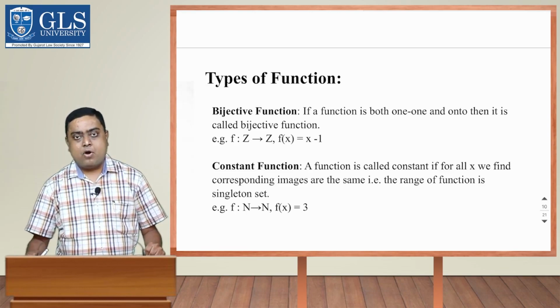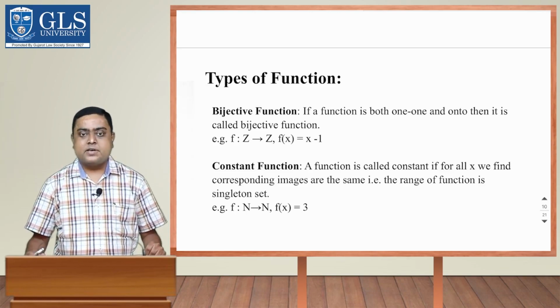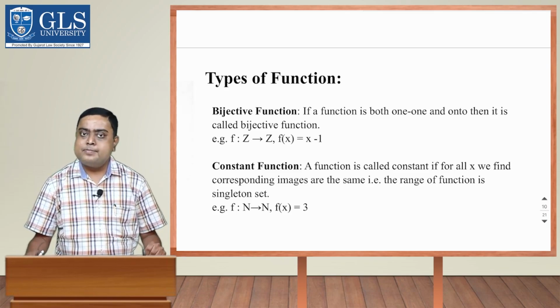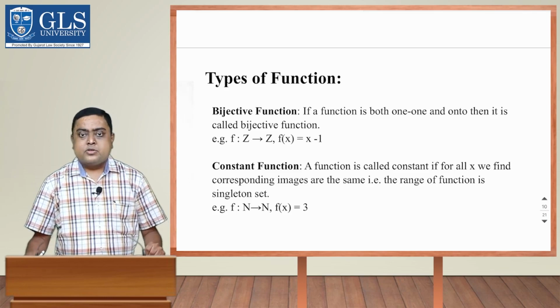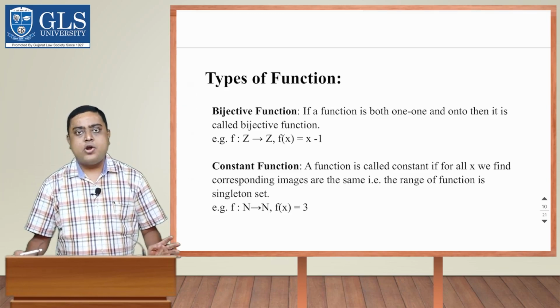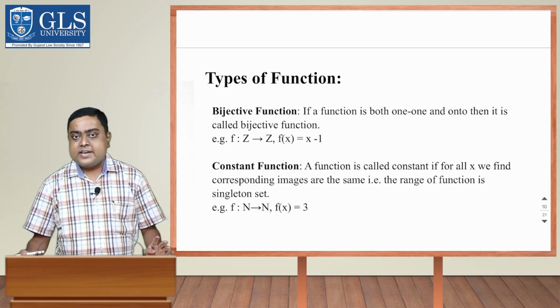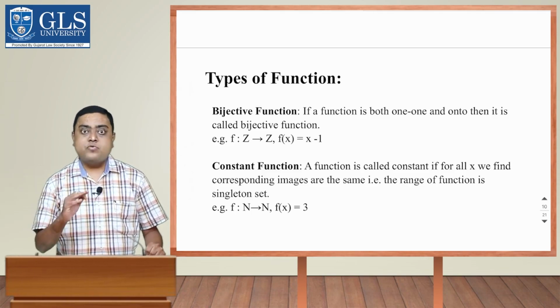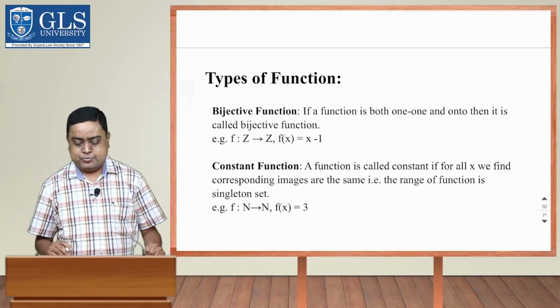And the example of this bijective function is f from Z to Z, f(x) is equal to x minus 1, right? So here this function is both one-one and onto, therefore I can say that it is bijective function also. Let's see how we say it is bijective.